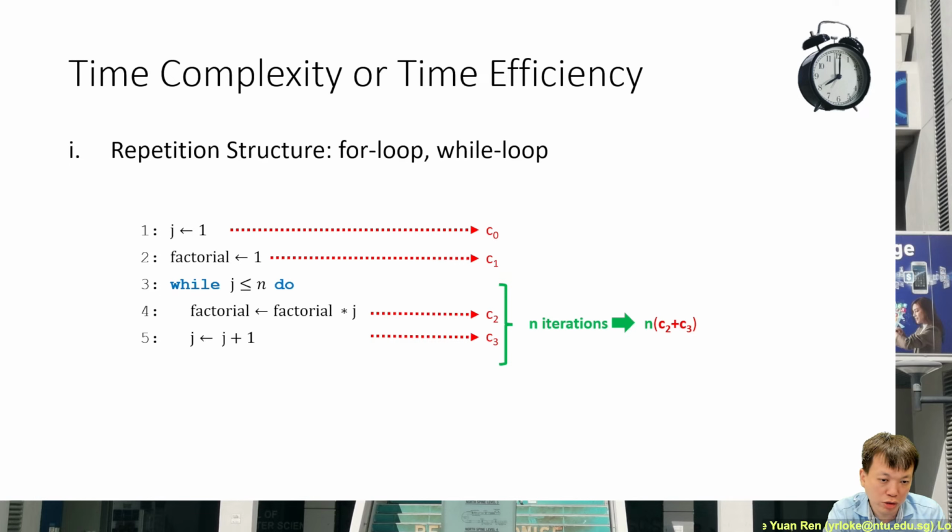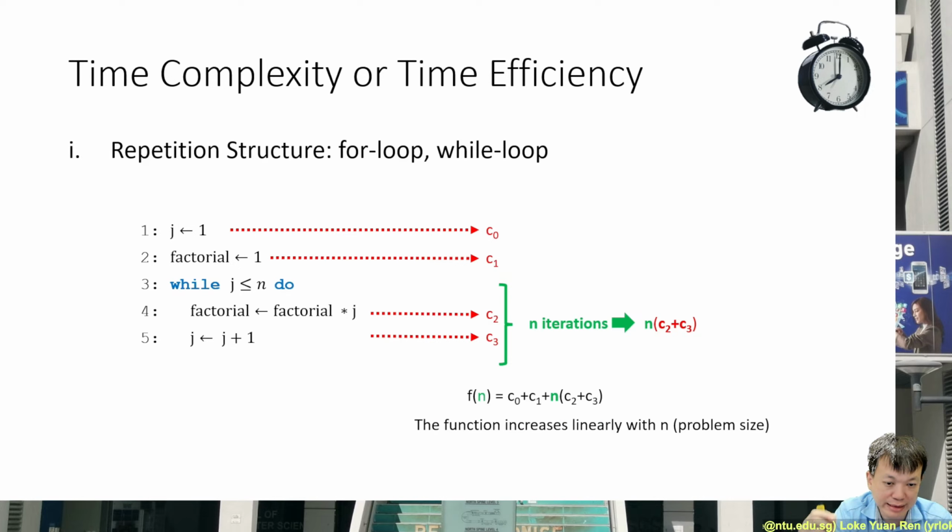So overall, the time you need to take in this particular repetition structure algorithm is C0 plus C1 plus all these constants. You declare the variable, you assign 1, you do whatever assignment operation at the first before you start the while loop, plus the n iterations of C2 and C3.